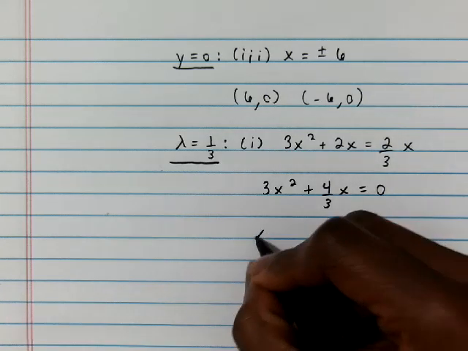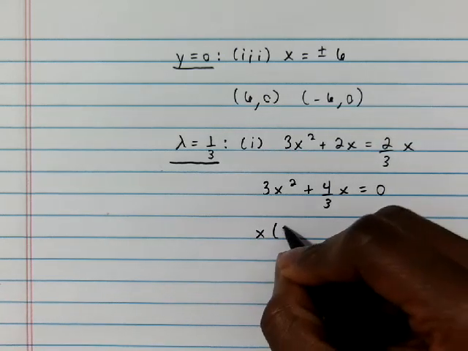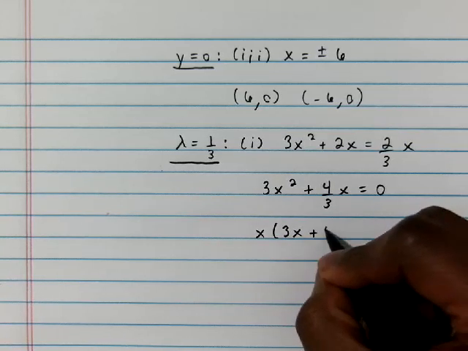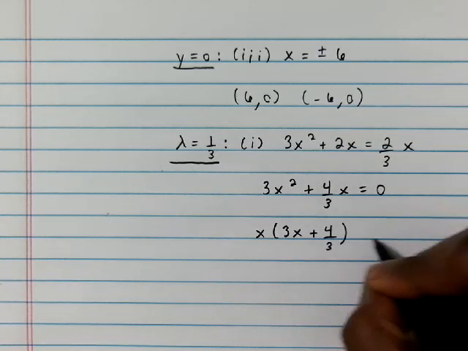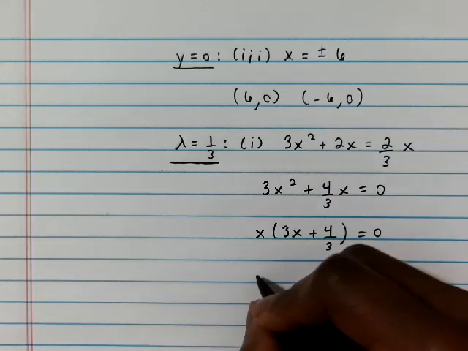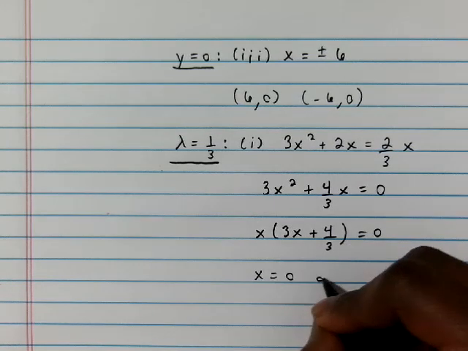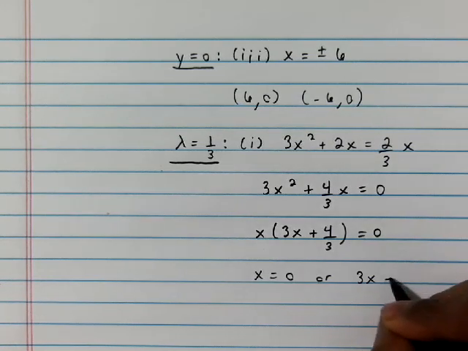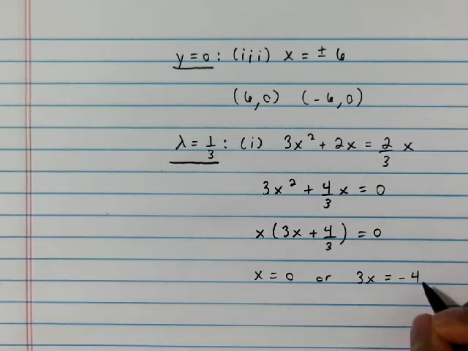And we end up with x times (3x plus 4/3) equals 0, which tells us that x equals 0, or 3x equals negative 4/3. And this is just x equals negative 4/9.